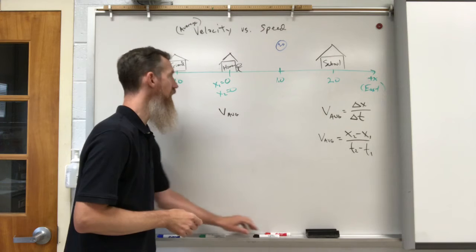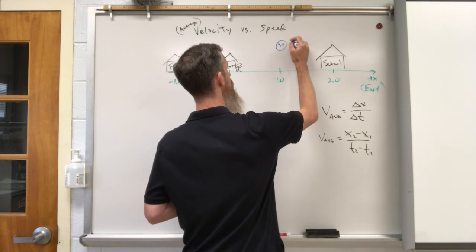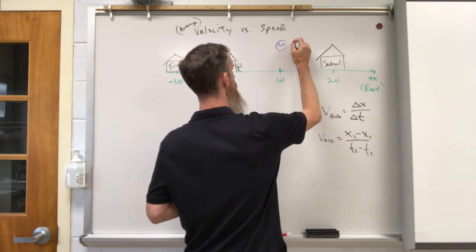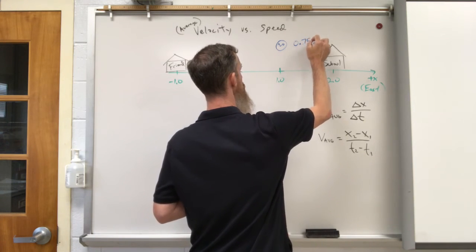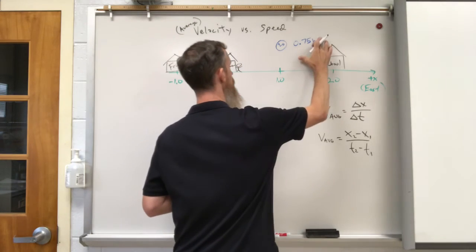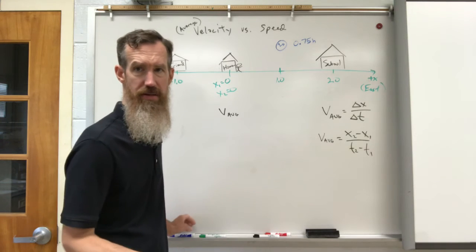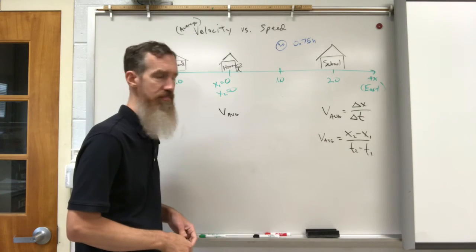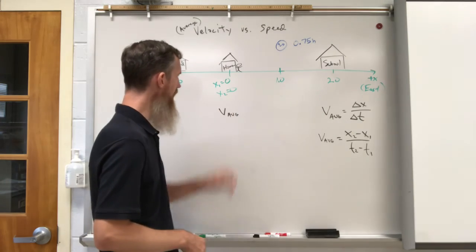And let's say this round trip this time took us, let's say we were a little faster today, 0.75 hours, in HR versus H. 3/4 of an hour, 45 minutes. So we were a little faster today, a little more pep in our step. So let's go from here to here and back again.